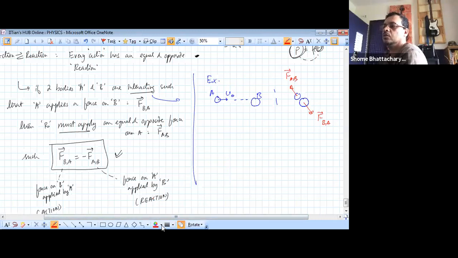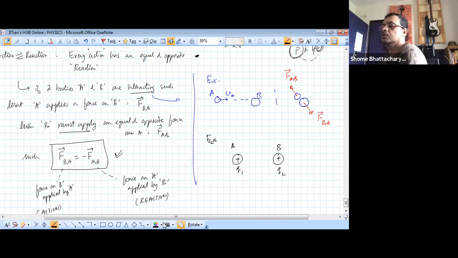Okay. Or for example, we could have a situation where they are not coming in contact, but they are still interacting. So for example, A could be a charged particle and B could be another charged particle.